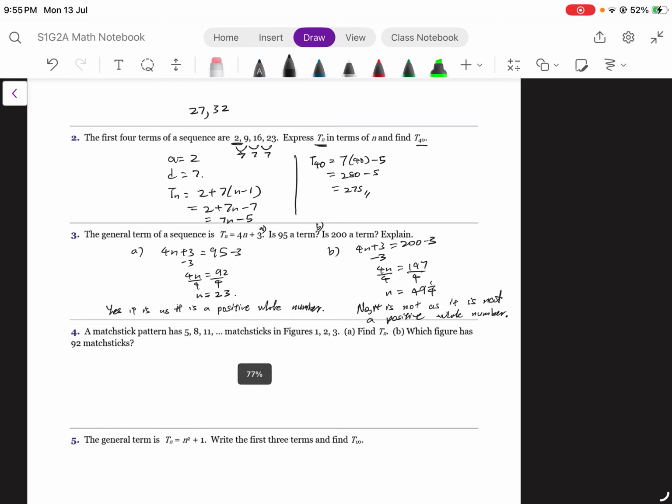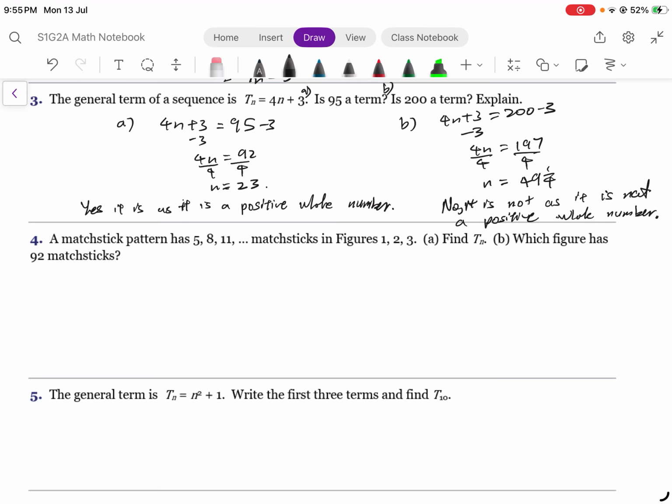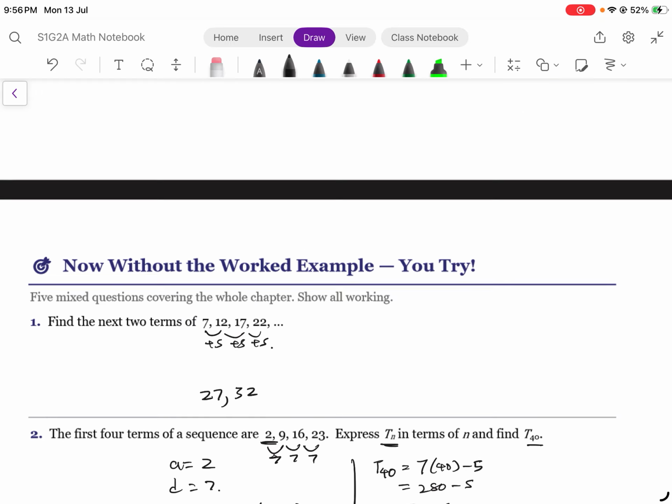Okay. Next one, a matchsticks pattern has 5, 8, 11 matchsticks in figures 1, 2, and 3. Find Tn, and which figure has 92 matchsticks.